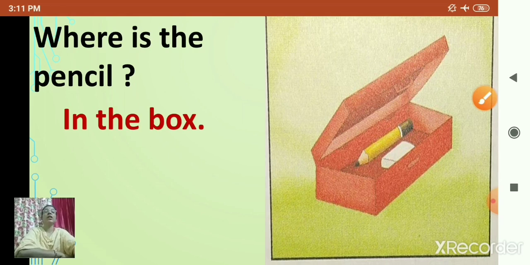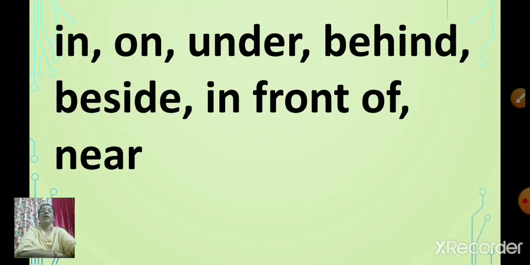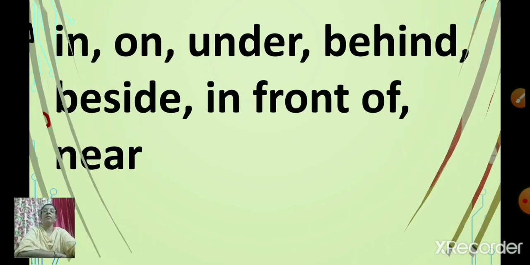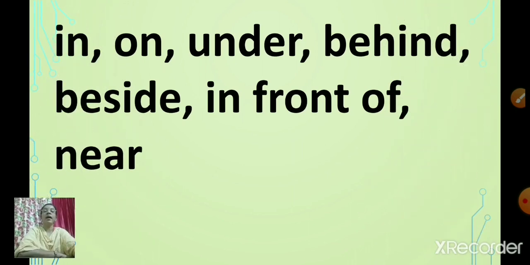So, children, in today's Active English chapter, we are going to learn some more position words by looking at pictures. These are the other position words: in, on, under, behind, beside, in front of and near.